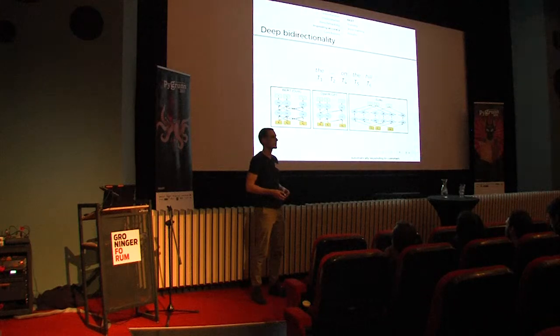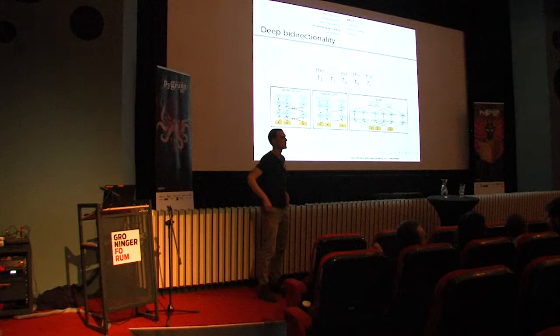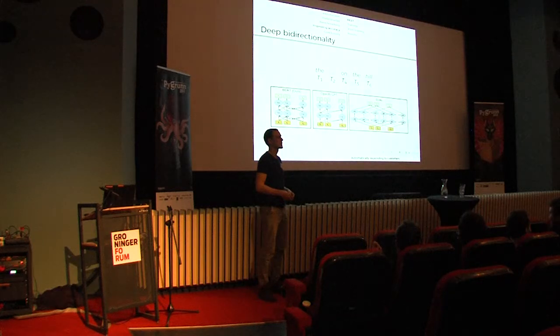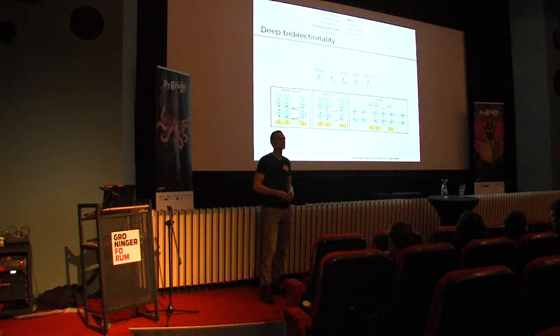More questions? Yeah, one there. I'll repeat the question. If I get it right, the question is, are those models set in stone or finished at some point, or do they evolve and can they train themselves?